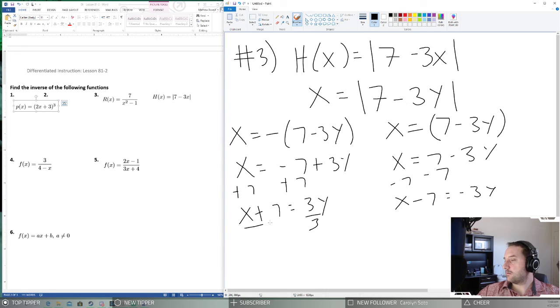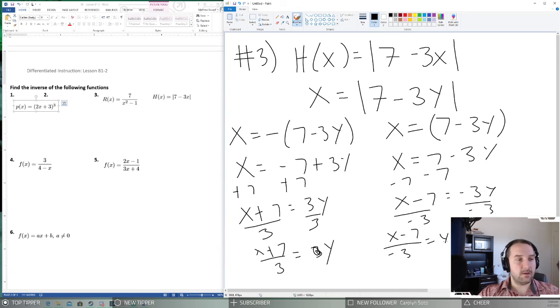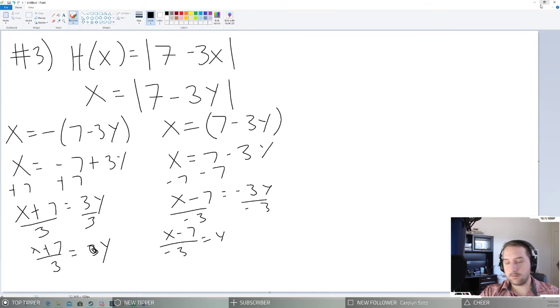Divide by 3. There equals y. And then divide by negative 3. Now, I know my camera is blocking that a little bit, so I'm going to extend this.